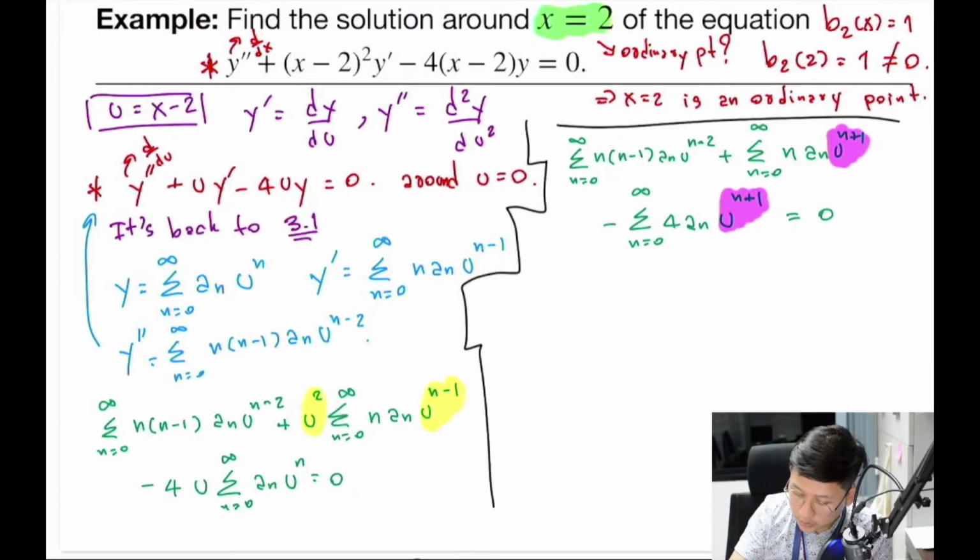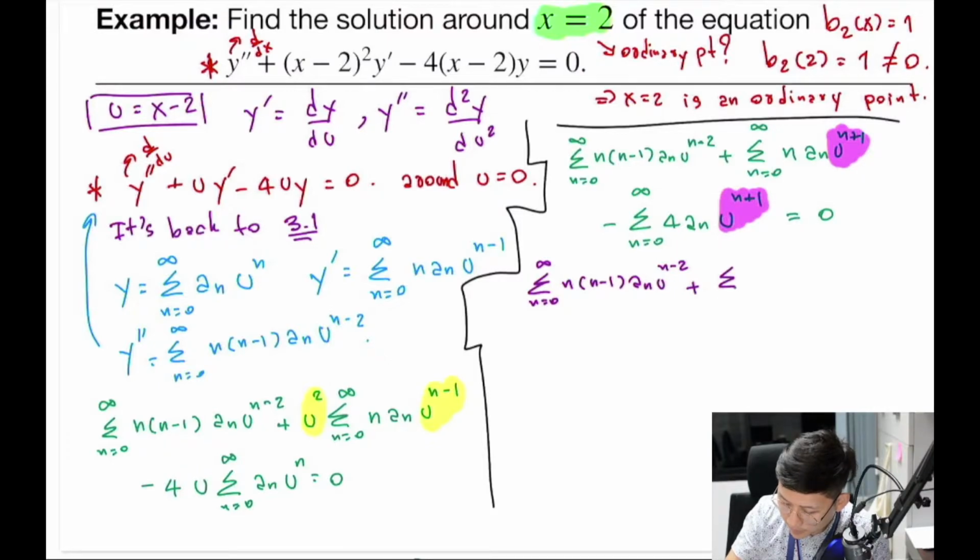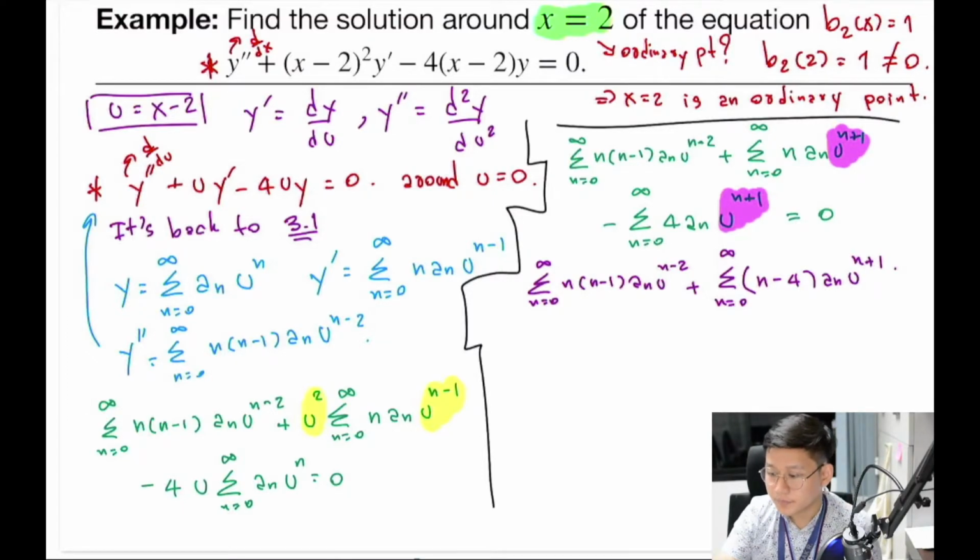So what I have would be summation n from 0 to infinity n times n minus 1 a_n u to the n minus 2 plus summation n from 0 to infinity n minus 4 a_n u to the n plus 1 equals 0.